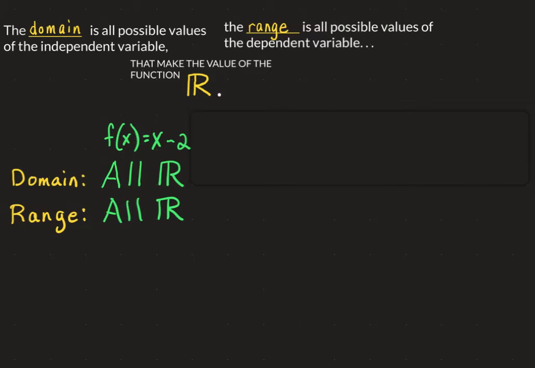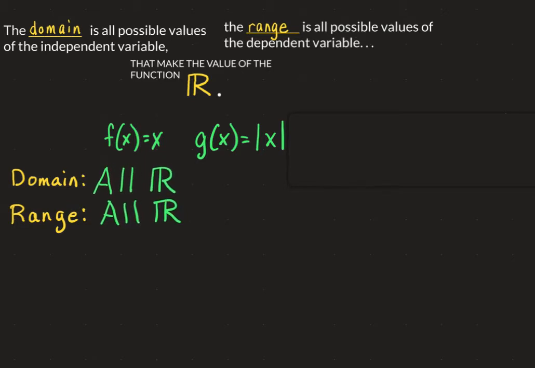Let's look at another function that you might have. And I am going to erase that -2 there, so it's just easier to see everything. Let me move those over a little bit. Okay, if you have another function, g of x equals the absolute value of x, is there any real number that you can put in for your independent variable that will return a non-real number?